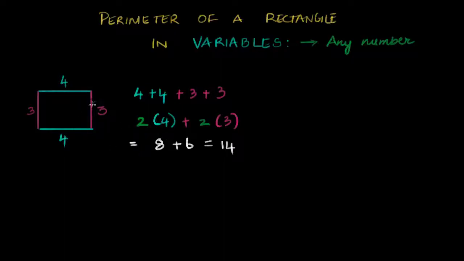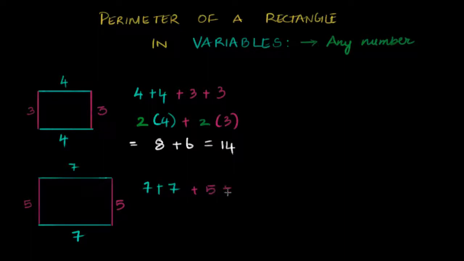I'll look at one more example to see what I'm doing here, because when I see this, I can see that I'm adding 2 times the length plus 2 times the breadth. So let me take one more rectangle. I'm noticing I'm doing the same thing. I'm going to take 7 plus 7 this time because it's 7 over here, and 5 plus 5.